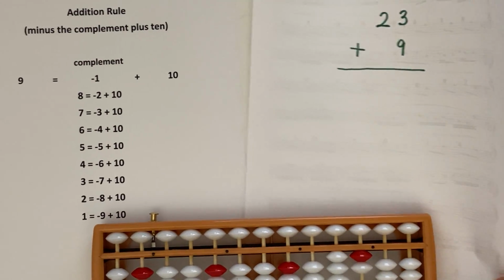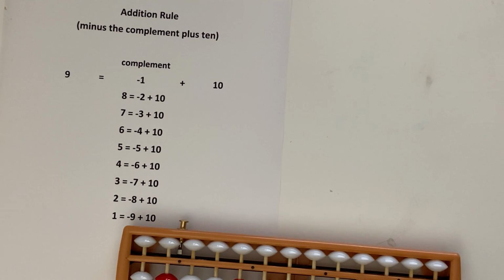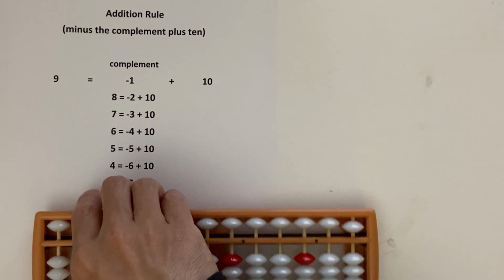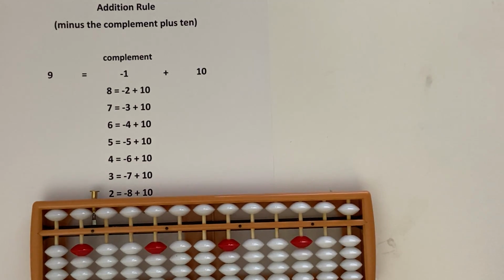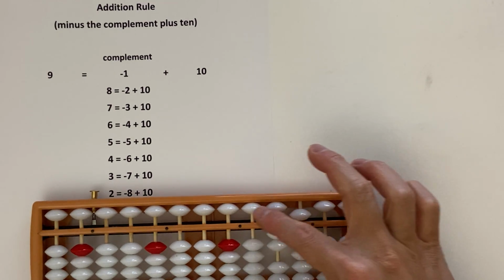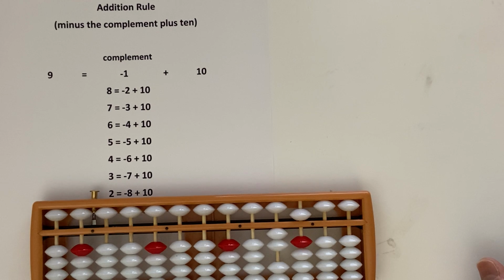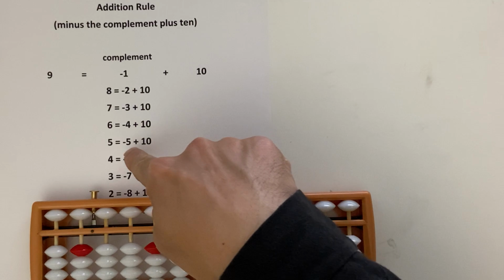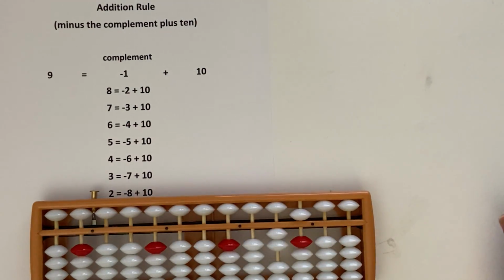Okay. The next one I want to do, let's say, 25 plus 5. So for 5, the complement is 5 to make 10.